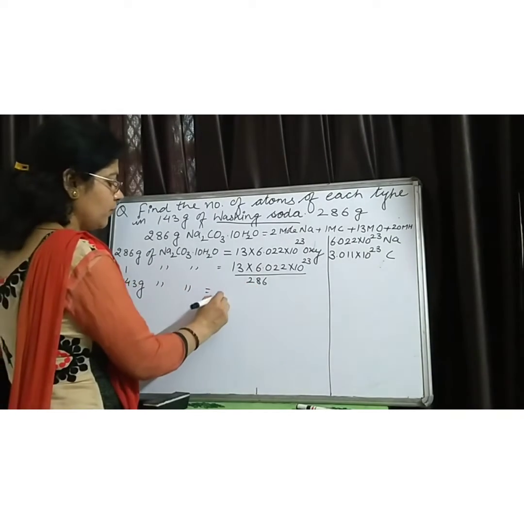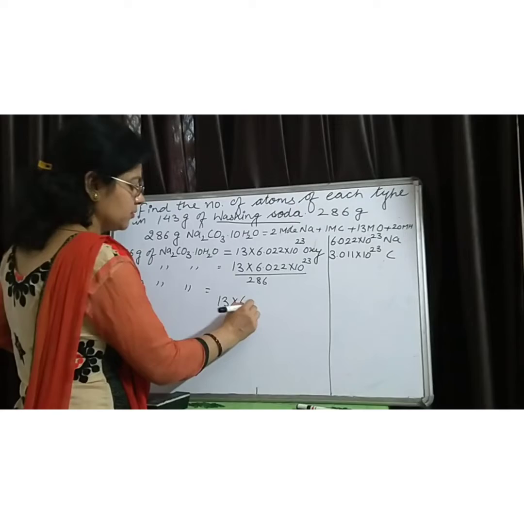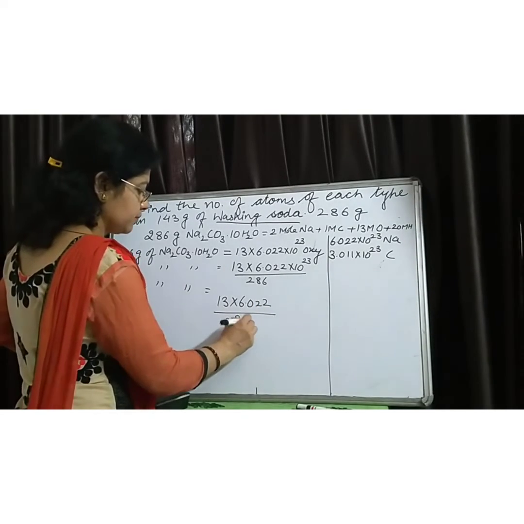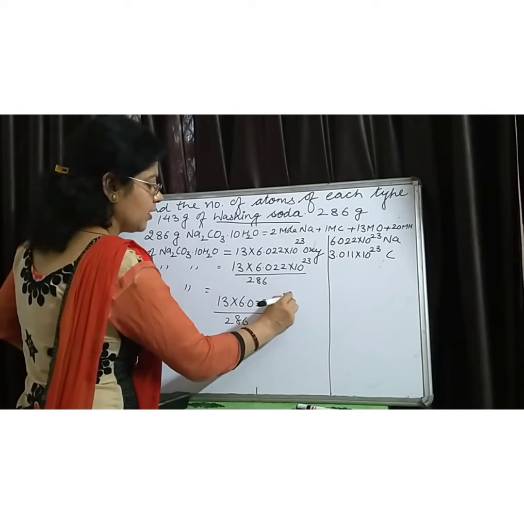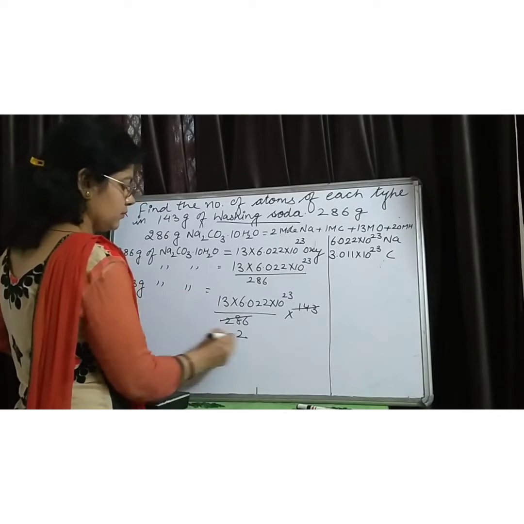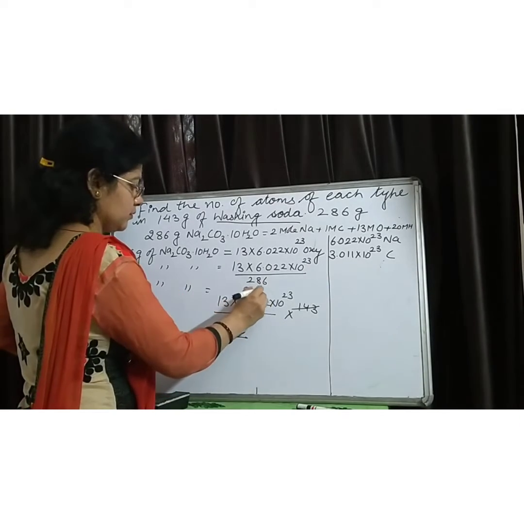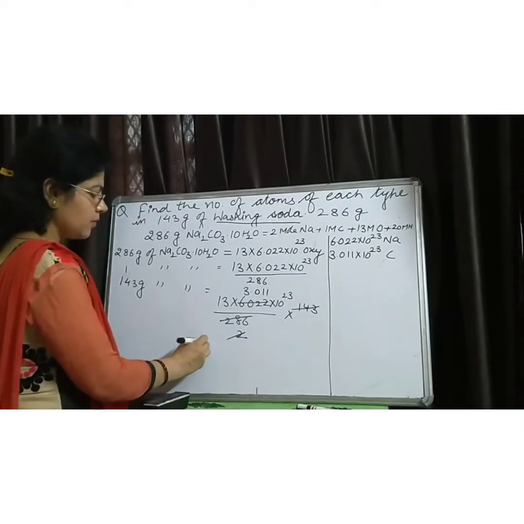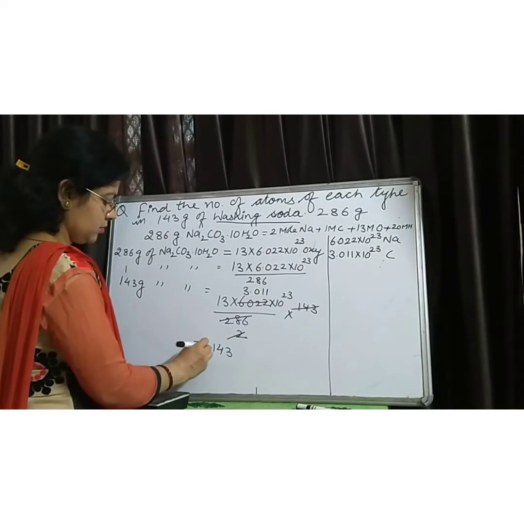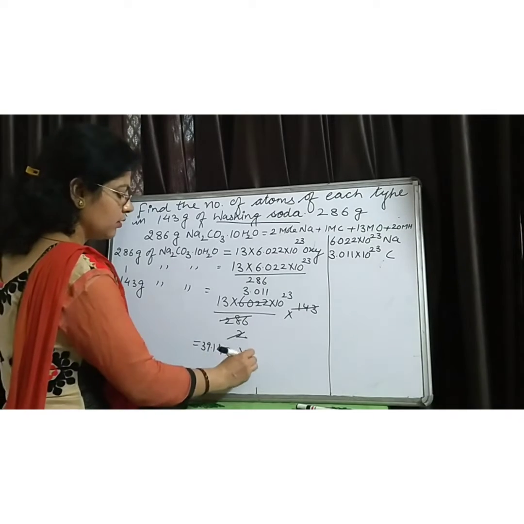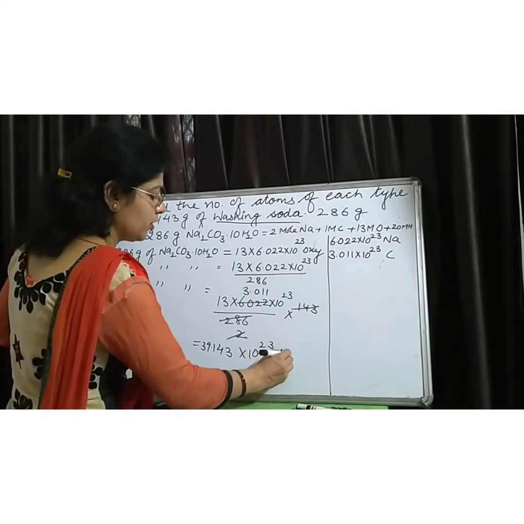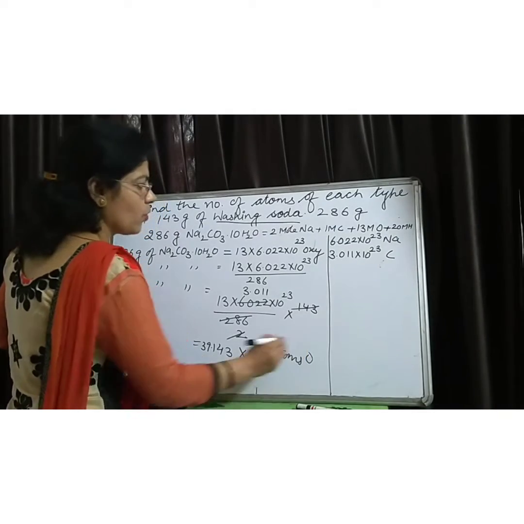So put here 143, and it comes out to be 39.143 into 10 raised to power 23 atoms of oxygen.